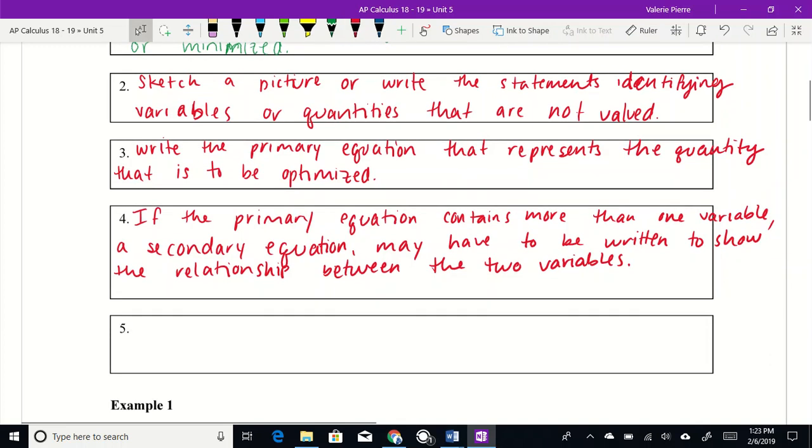Okay, so your goal is to get that primary equation written in terms of one variable.